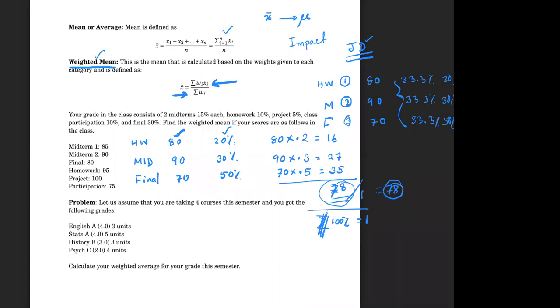However, there is an interesting scenario. It will change things. What if I do the following? Final exam, instead of 50%, I made it, I don't know, 40%. Then things are going to change.